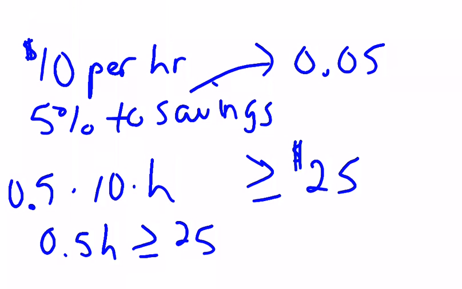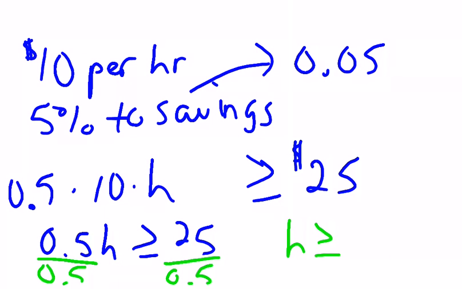Then to get h by itself, we need to divide both sides by 0.5. And so we get h is greater than or equal to 50. So she has to work 50 hours or more in order to save at least $25.